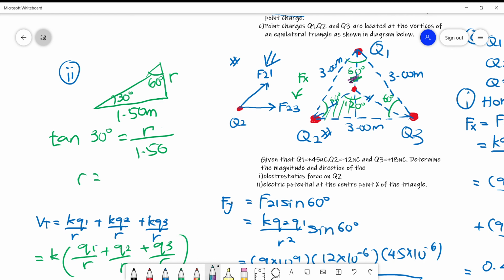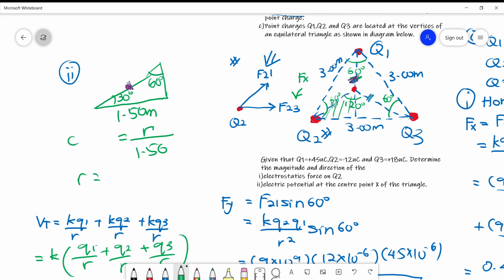So this should be the distance. So what I need is actually the hypotenuse instead of this one. Oh my god. Okay, but it's okay. So what we need to use is actually the cos 30.